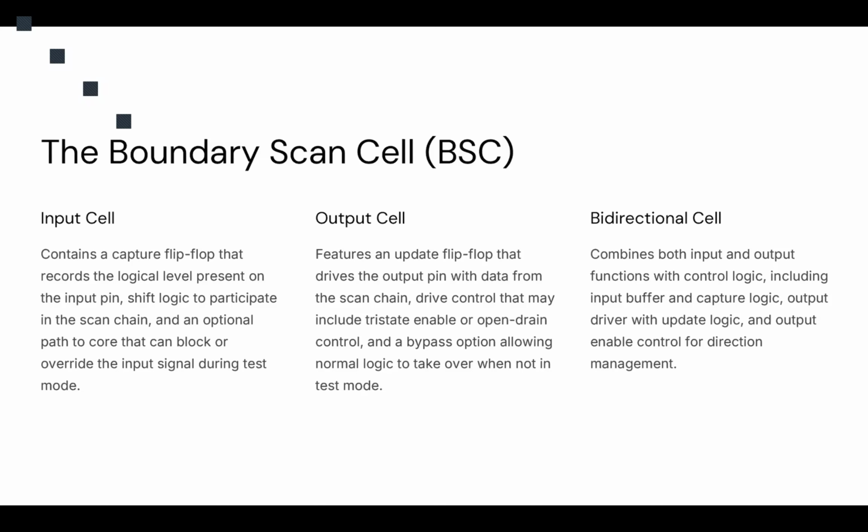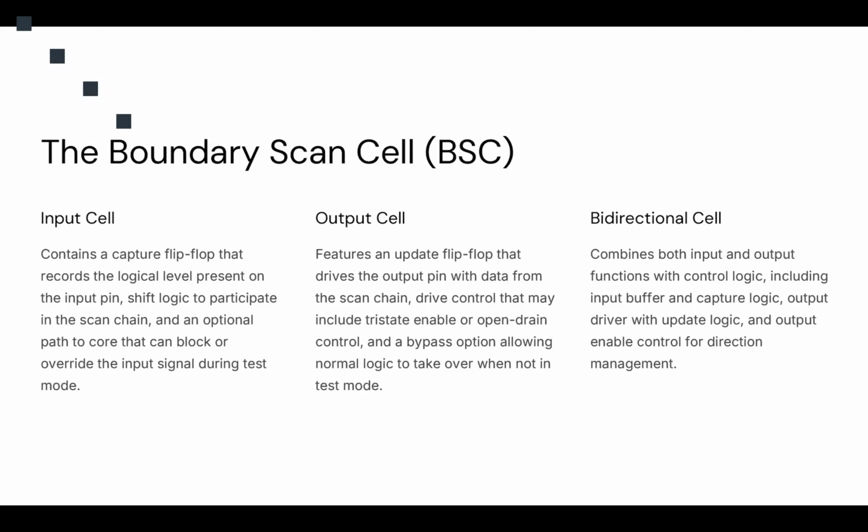There are several types of these boundary scan cells, and it depends on the pin that they are connected to. We have the input cell, which is connected between the input pins of our chip and the core logic. Inside that input cell is a flip-flop that samples the logic level on the pin and is triggered by the test controller.